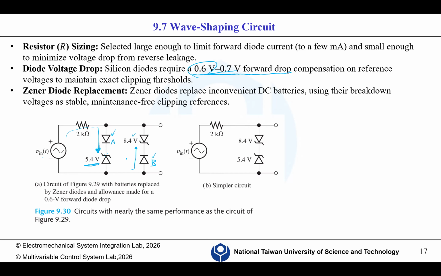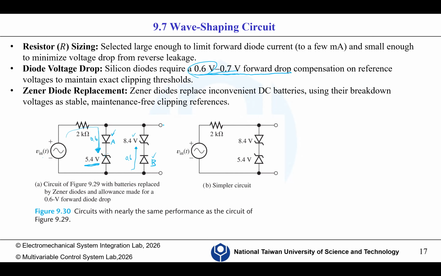If we consider the 0.6 volts threshold voltage of A and B, we have the same result as the previous example. The output will limit the waveform between 6 volts and 9 volts. So this is an alternative to the previous configuration.